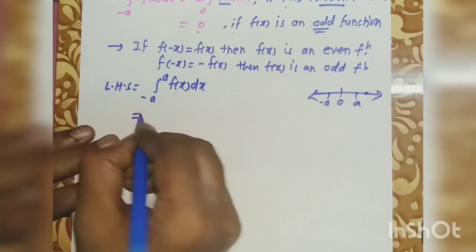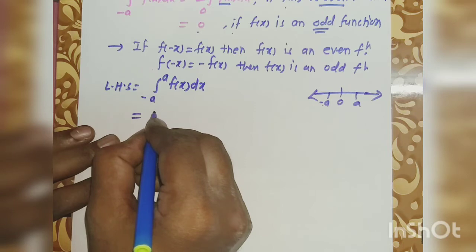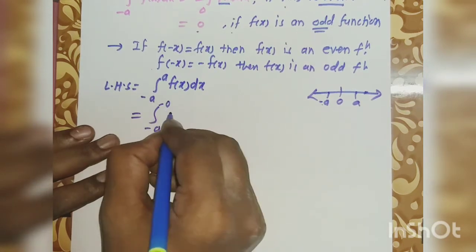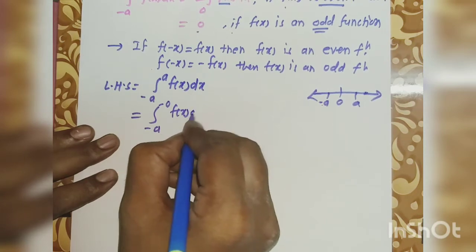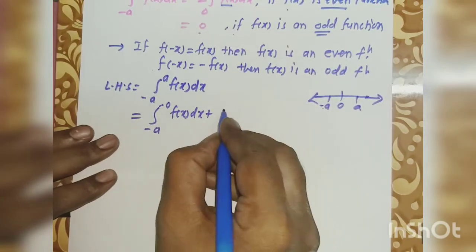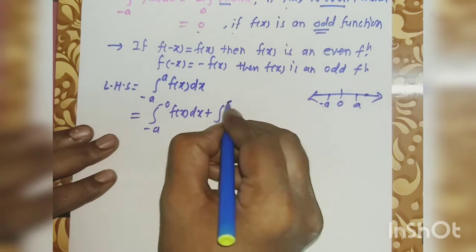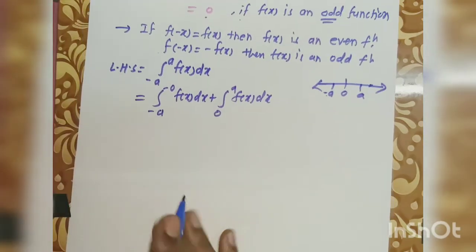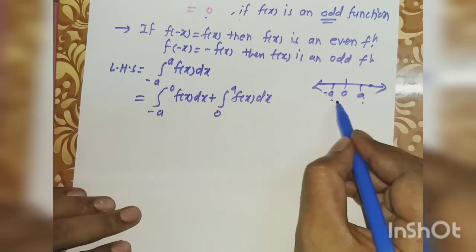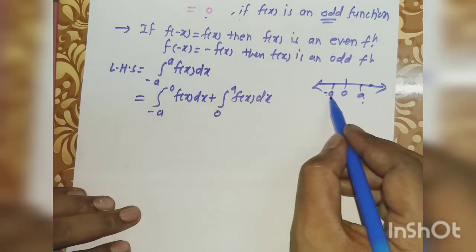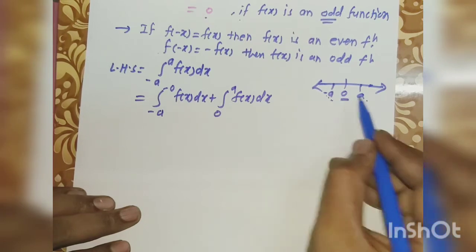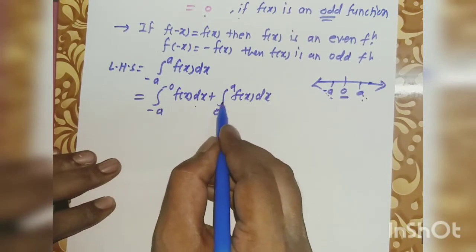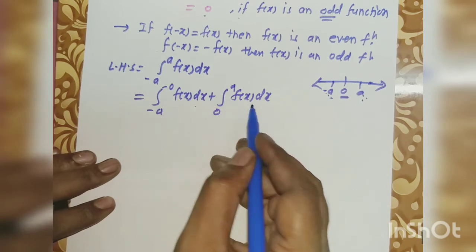Now split this integral, or divide this interval in this way: minus a to 0 f of x dx plus 0 to a f of x dx. This minus a to a interval is divided into two parts.